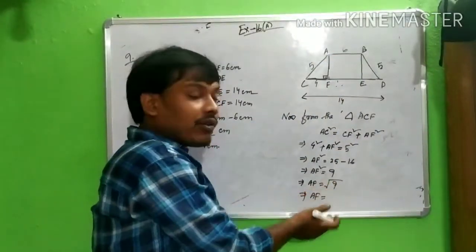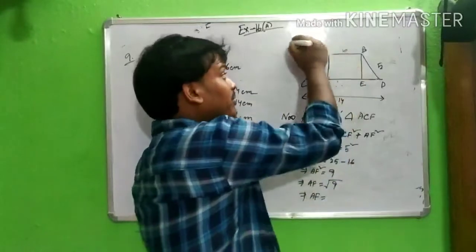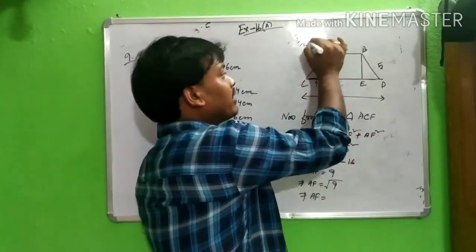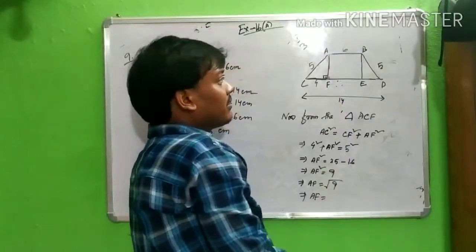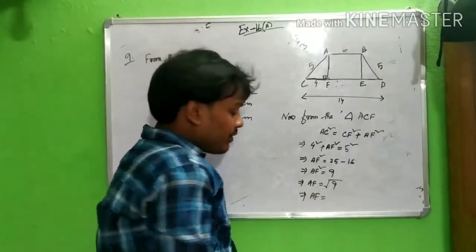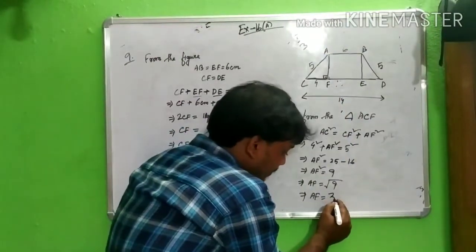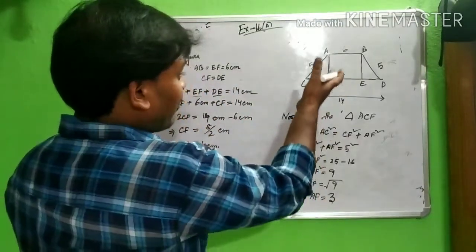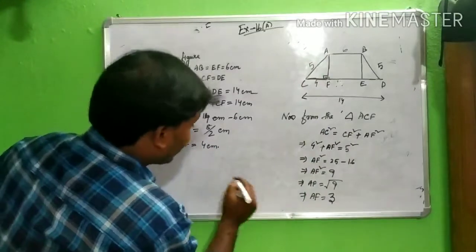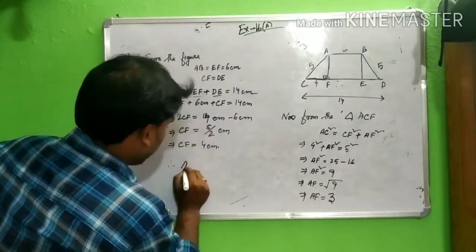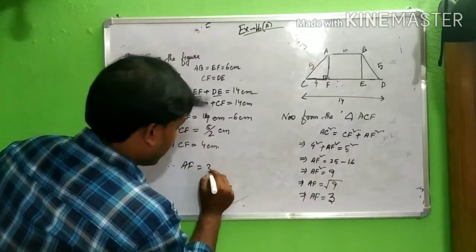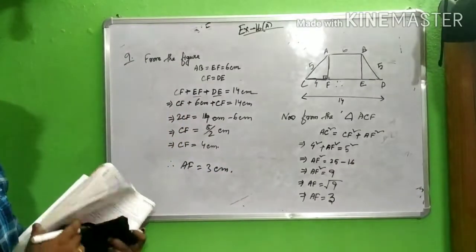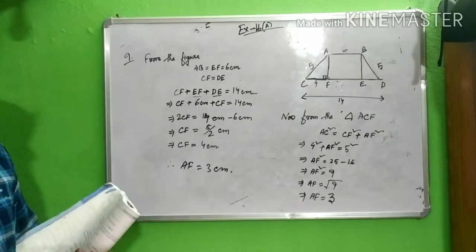That's why we take only the positive value, because minus 3 into minus 3 is also 9, and 3 into 3 is also 9. So here we take only the positive value, 3. Therefore the value of the height, AF, equals 3 centimeters. Understood?